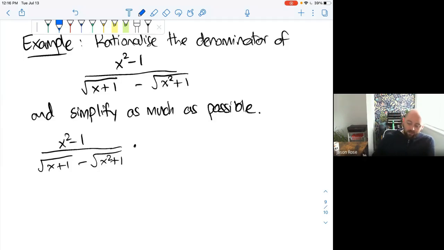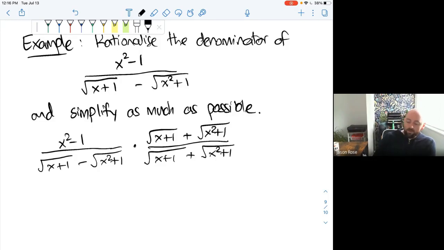So which sign do you think I want to change? Number 1, number 2, or number 3? Just drop it in the chat for me. Good, everyone's saying 2. Yeah, good instincts. 2 is the one you want to change. So we're going to change that middle sign and multiply top and bottom: root x plus 1 plus root x squared plus 1, divided by root x plus 1 plus root x squared plus 1.